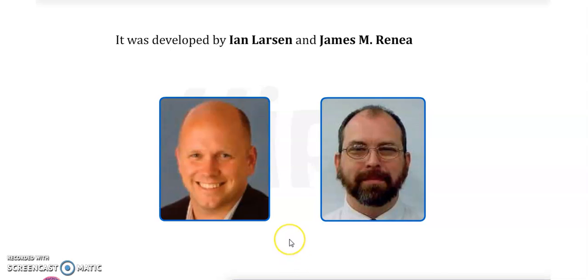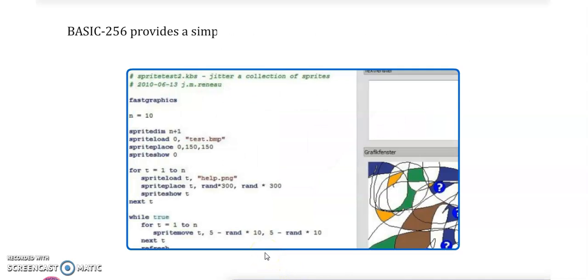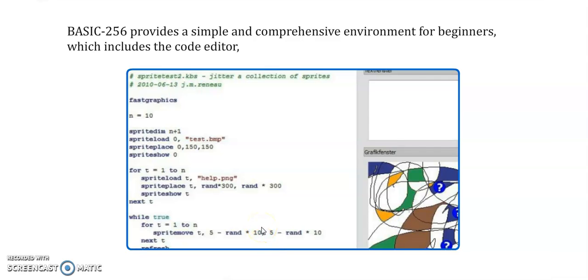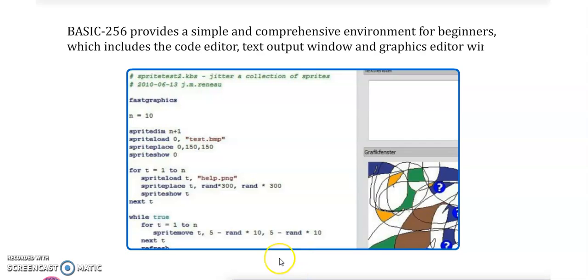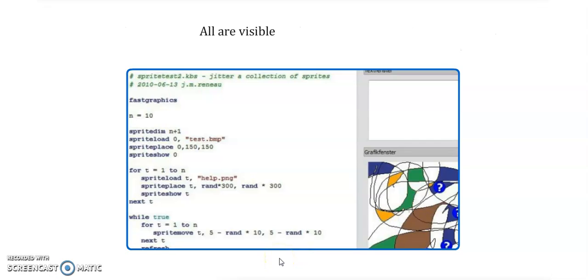It was developed by Ian Larsen and James M. Reneau in 2014. BASIC-256 provides a simple and comprehensive environment for beginners, which includes the code editor, text output window, and also graphic editor window. So all are visible on the same screen.